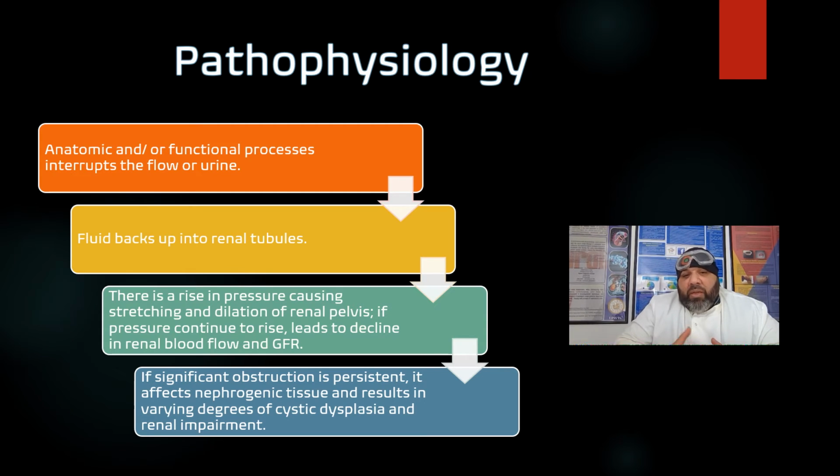If pressure continues to rise, this leads to a decline in renal blood flow and glomerular filtration rate as well. And if significant obstruction is persistent, it affects nephrogenic tissue and results in varying degrees of cystic dysplasia and also renal insufficiency or renal impairment.